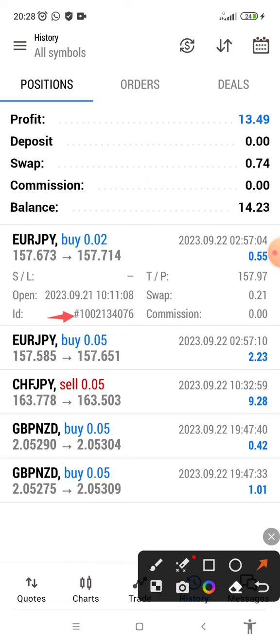These are the codes that, supposing your broker regulator receives a complaint from you that maybe some fictitious things happened on your trades, then they will be requesting your trade IDs. So once you give them all these details, they will be able to track and find out the reality.